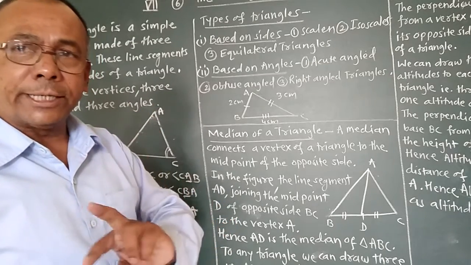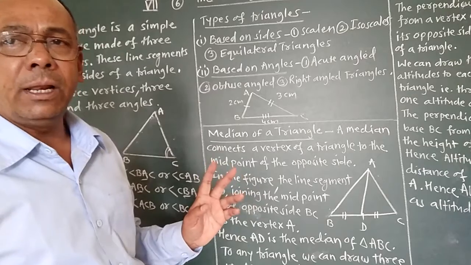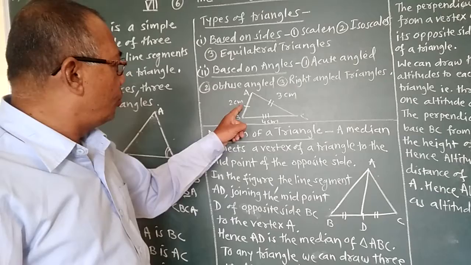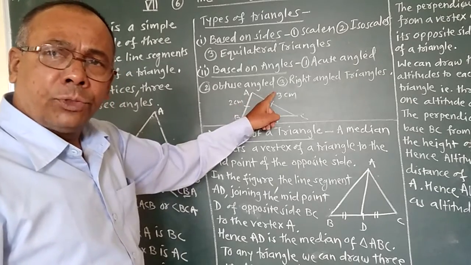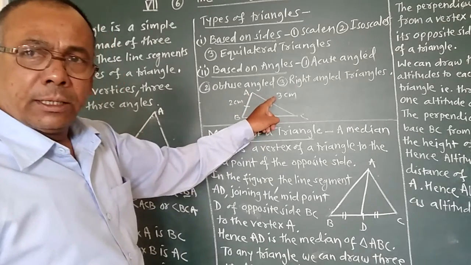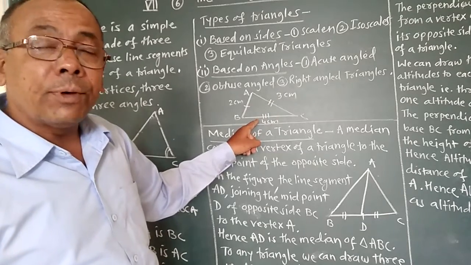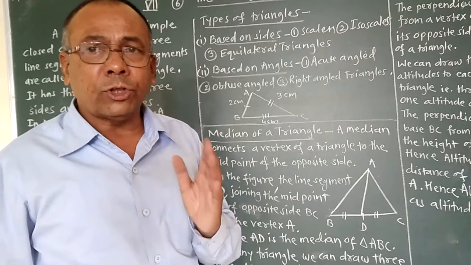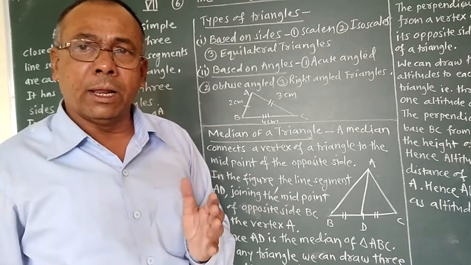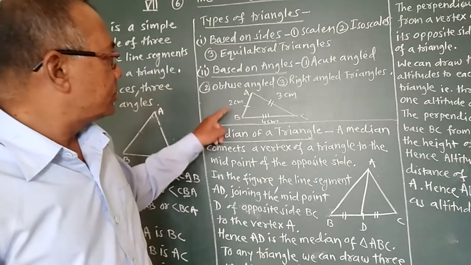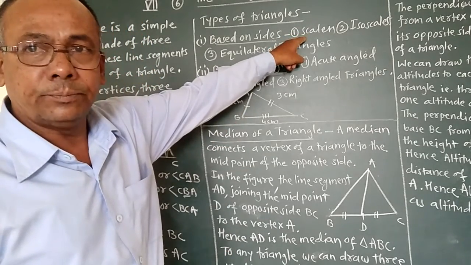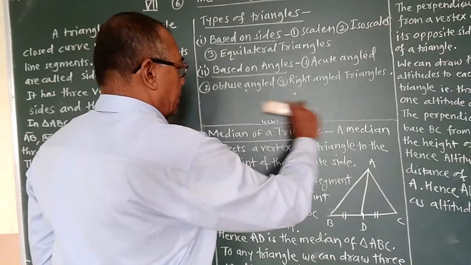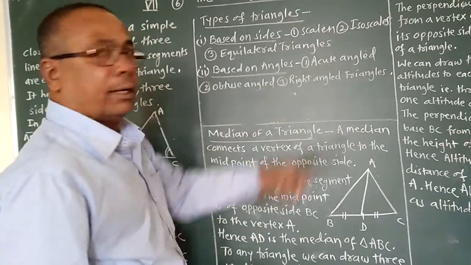Here 2 and 4, these two sides are not equal. This is 2 and 3, these two sides are not equal. This is 4 and 3, these two also are not equal. And therefore if the lengths of the sides of a triangle are not equal, then such a triangle is called as scalene triangle.